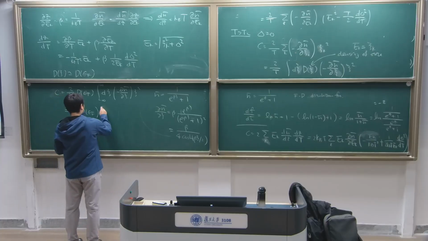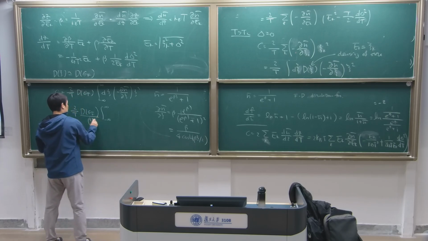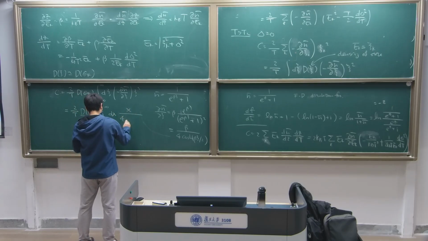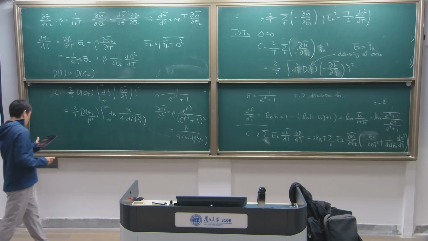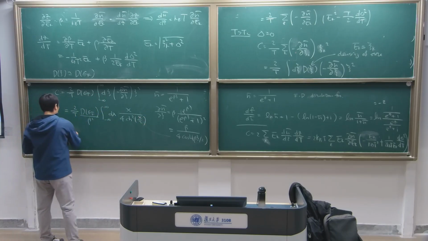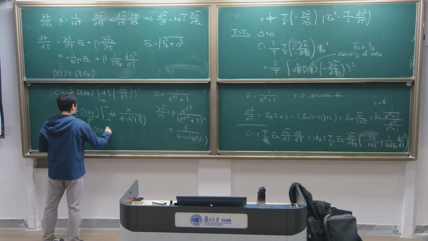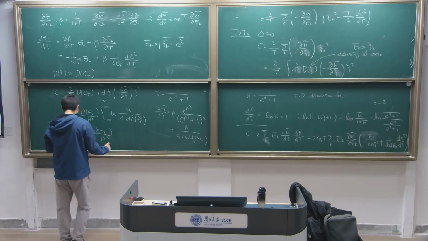And this is equal to integral from minus infinity to infinity divided by beta squared, x over 4 times cosh x over 2. Okay. And this is equal to log P E of F beta squared.